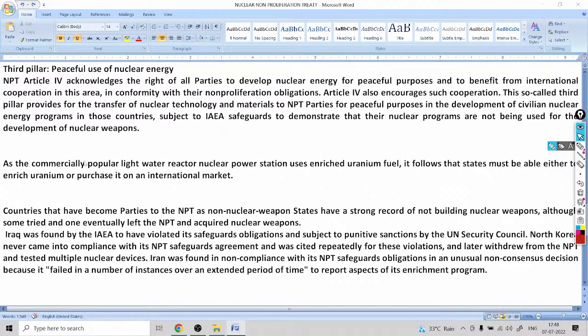The commercial, popular light water reactor nuclear power stations use enriched uranium fuel. It follows that a state must be able either to enrich uranium or purchase it on the international market.